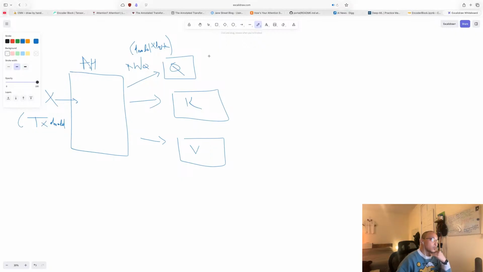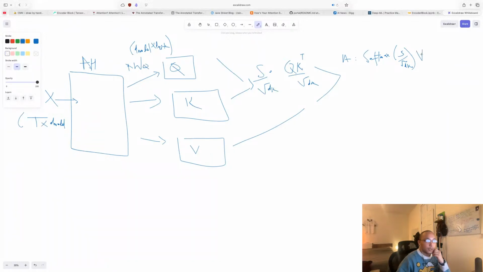And then what you would do, you would use these two to calculate the similarity score scaled by the square root of dk, which would just be what? Q K transpose divided by the square root of dk. Then you combine these two and get the attention scores as the softmax over the similarity score scaled by dk multiplied by the value matrix.